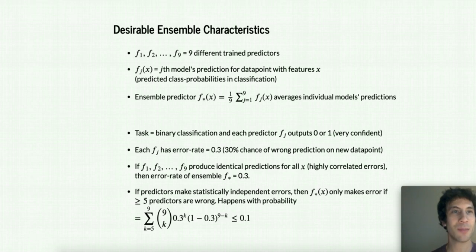And this turns out to be bounded above by 0.1. So actually, just by having statistically independent errors being made by our predictors, we have drastically reduced the error rate of the overall ensemble. In general, the accuracy of our ensemble will improve the more predictors we combine and the less correlated their errors are.